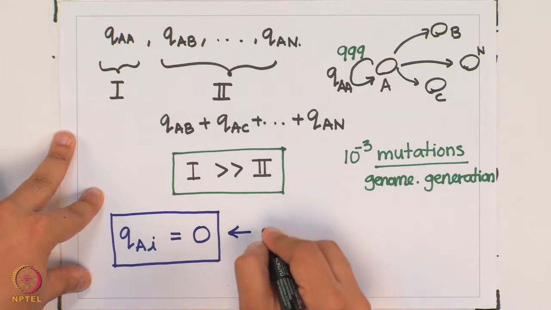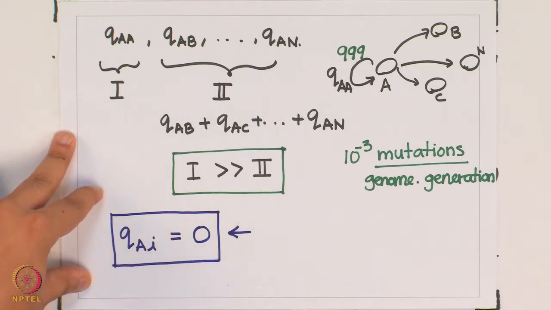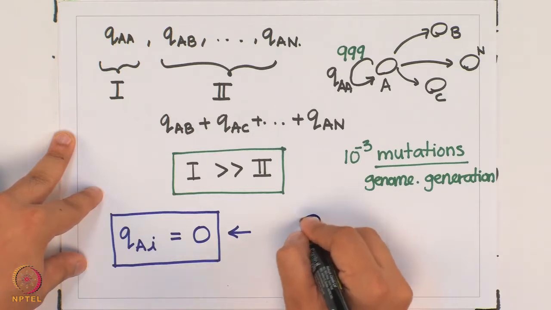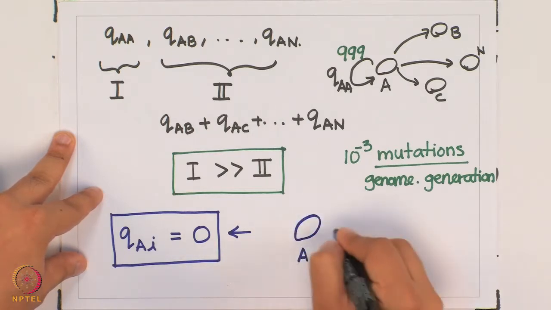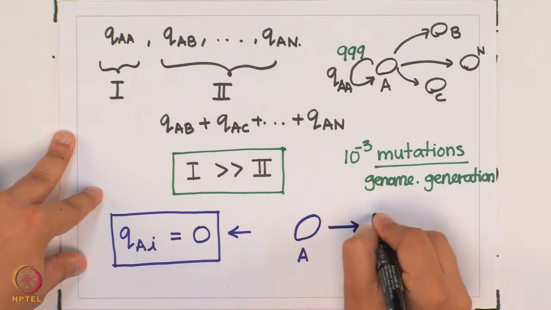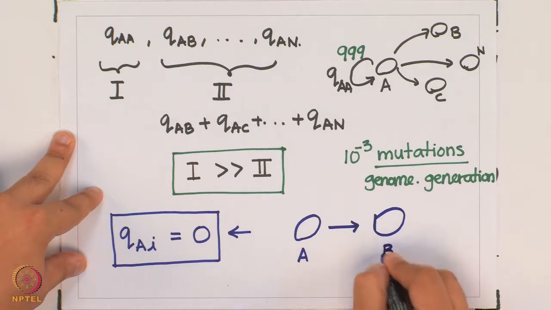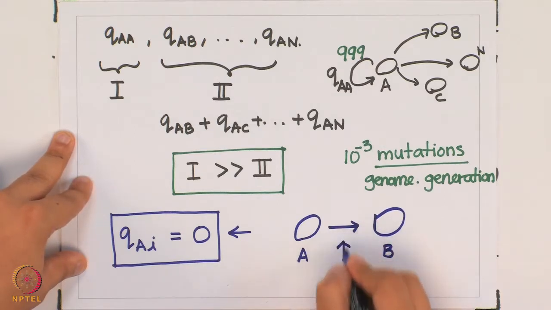mutations occurring via point mutations, which are single nucleotide errors which DNA polymerase is making. If that's the case, then it's conceivable that genotype A gets mutated to genotype B. This happens via one point mutation.